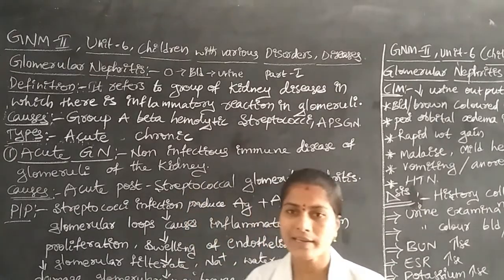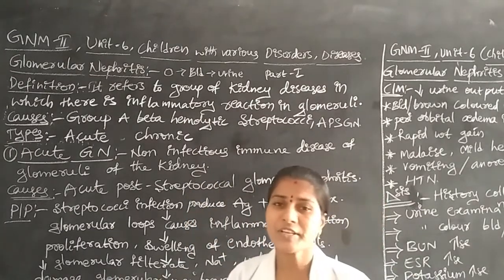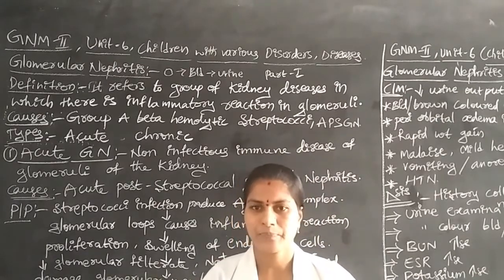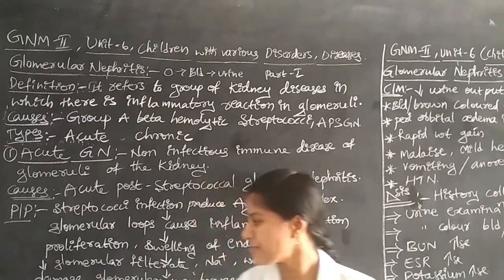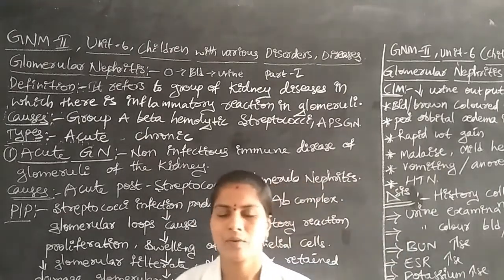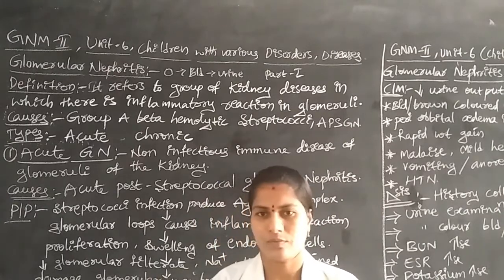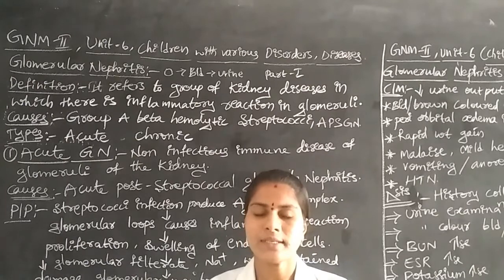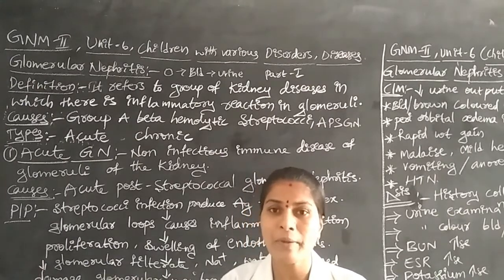The functioning of the kidneys, the glomerular filtration rate, will be completely decreased. It leads to damage of the glomerular membrane. The overloaded sodium and water are completely stored in the glomerular membrane.